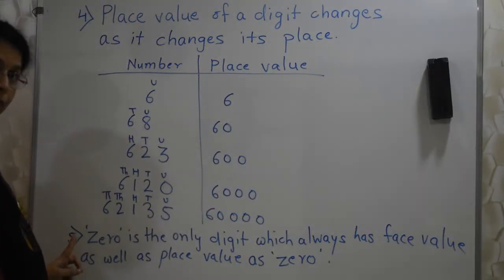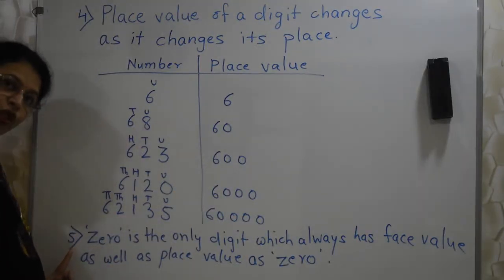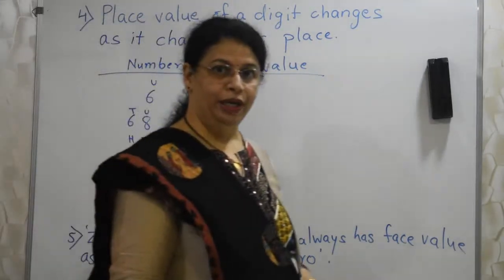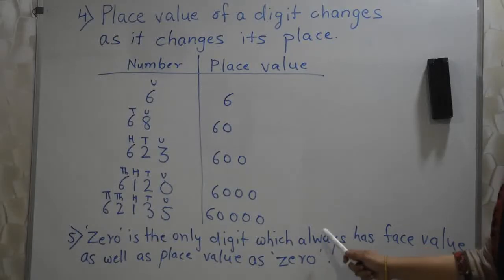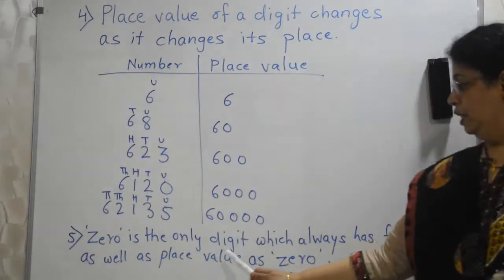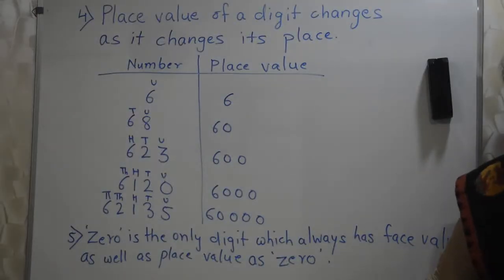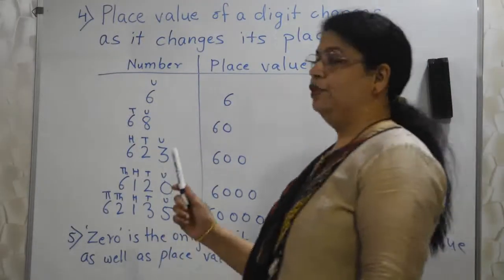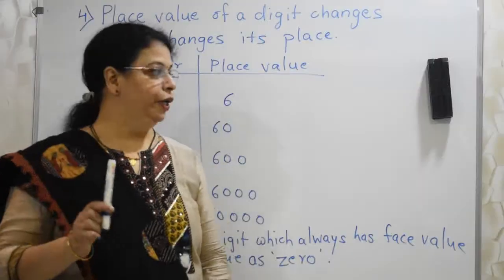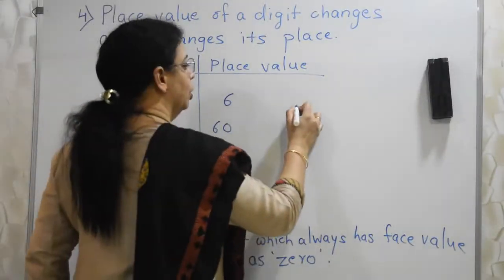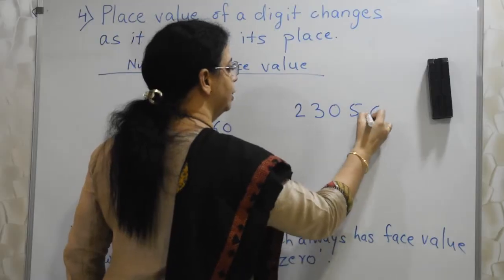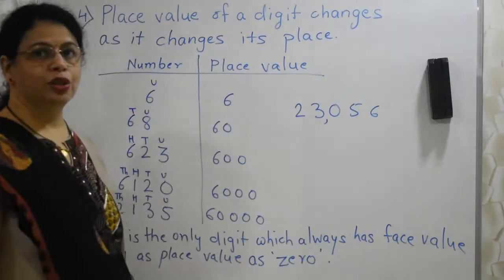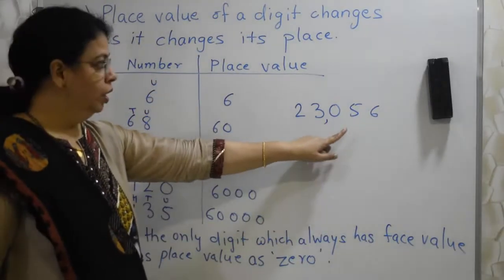One more important thing. Once this question was asked in the final examination. 0 is the only digit which always has face value as well as place value as 0. What does it mean? I'll give you one example. 23,056, right?